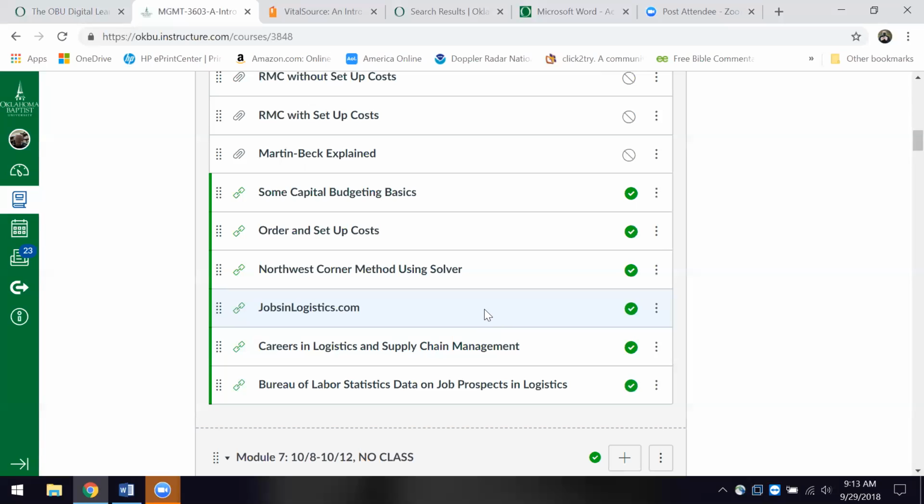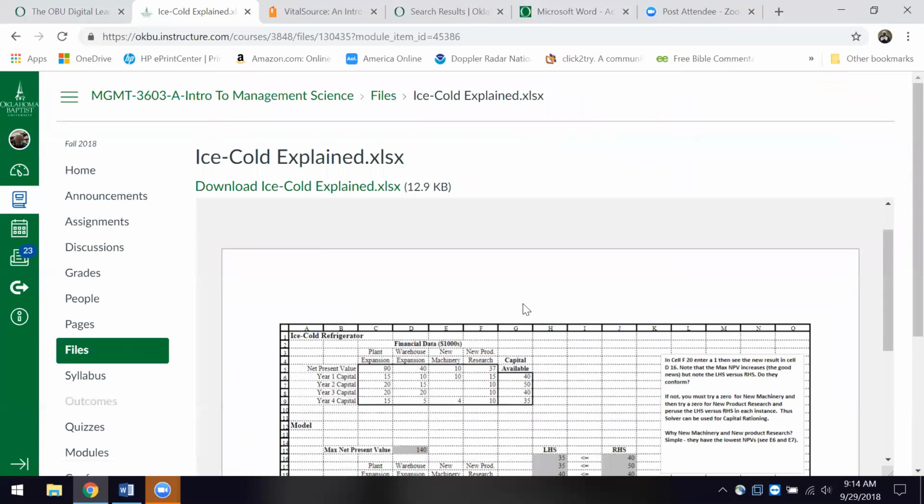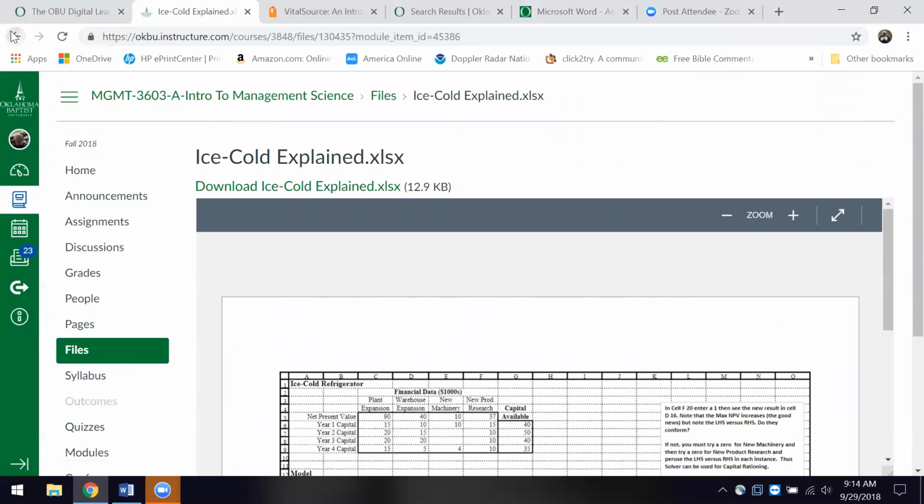Okay, so I would encourage you to take a look. Well, we've got several items here that we're going to do, and as I said before, I've got Ice Cold Explain, and you'll consider this the solution file, if you will, and I explain it for you. Now, these are not published, so I'm going to take a peek at it for just a minute.